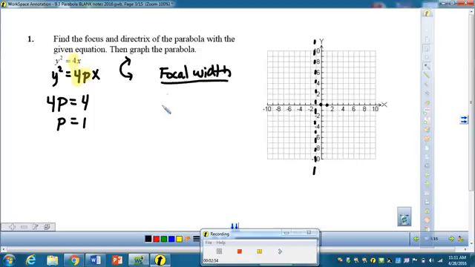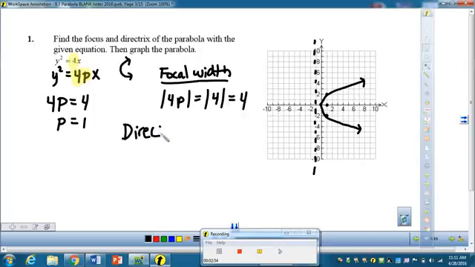So we know the focal width is the absolute value of 4p. So in this case, the absolute value of 4 is 4, and that's going to pass through our focus. So starting here at our focus, we're going to go up 2 units and down 2 units and draw our parabola shape through the vertex and through both of those endpoints. So see, if we measure the entire focal width here, it is a distance of 4.